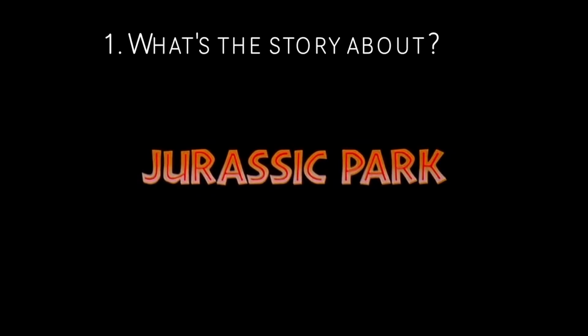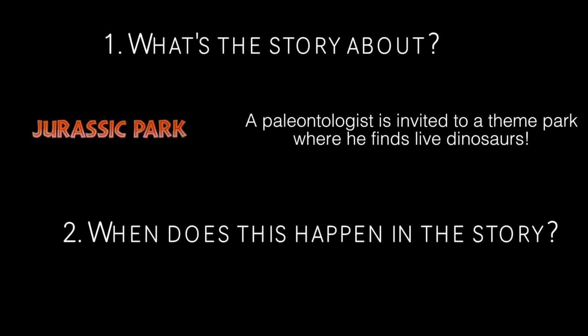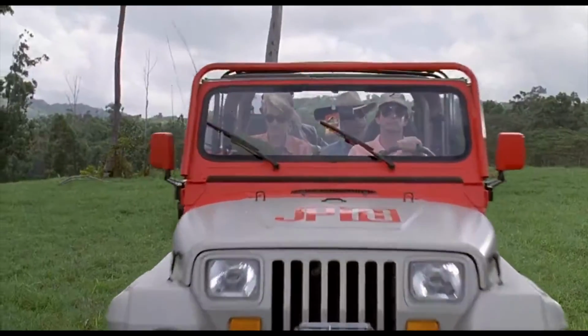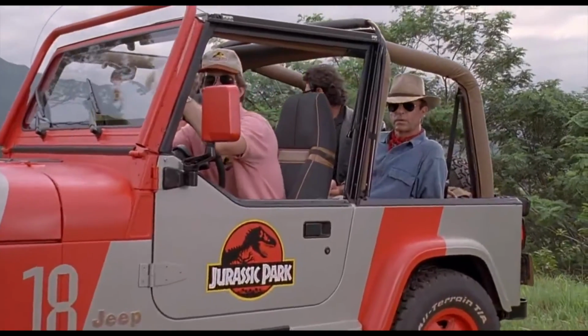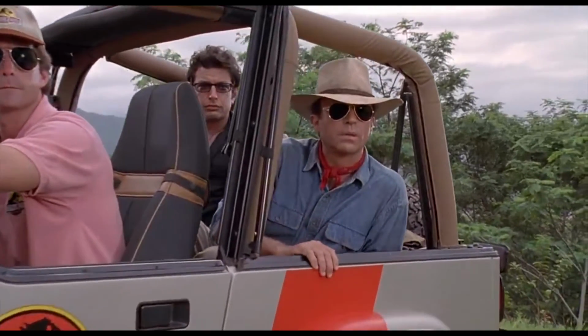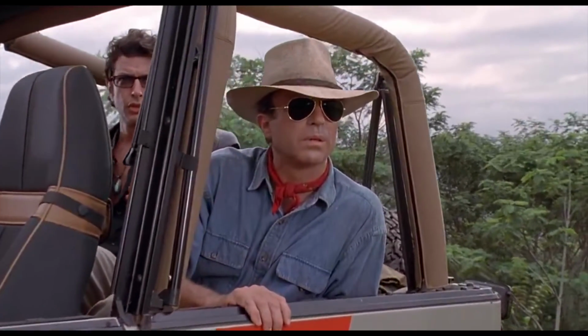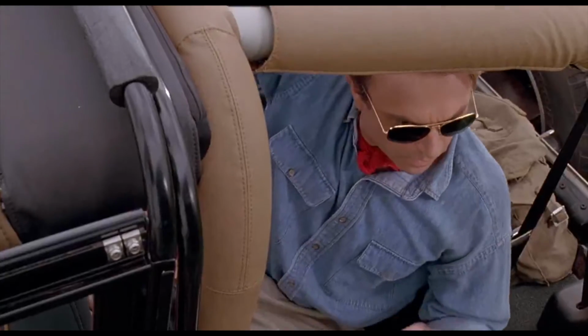And what's the story of Jurassic Park? A paleontologist is invited to a theme park where he finds live dinosaurs. When does this happen in the story? Alan, our protagonist in Jurassic Park, invited by Hammond, lands on the island where the park is, and he's shocked to see live dinosaurs.